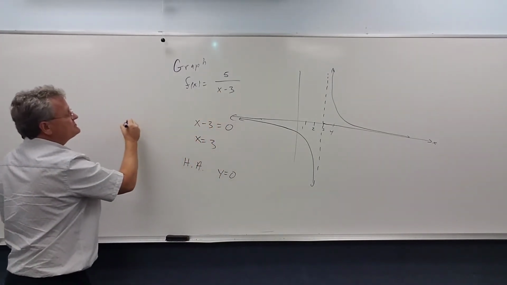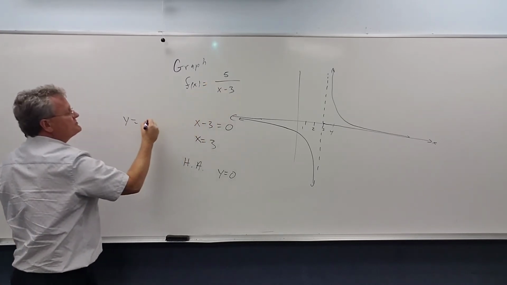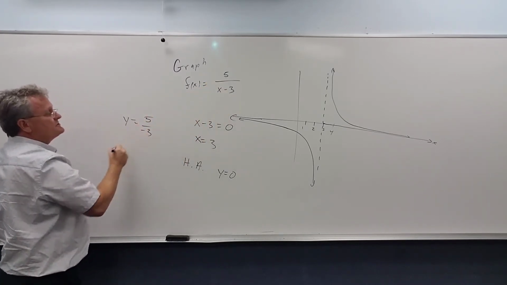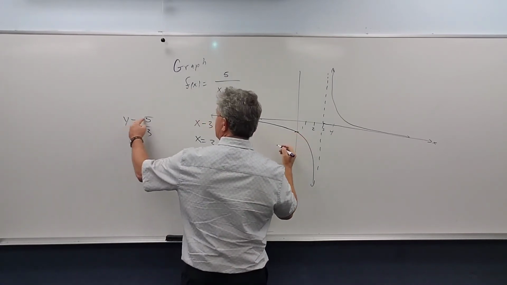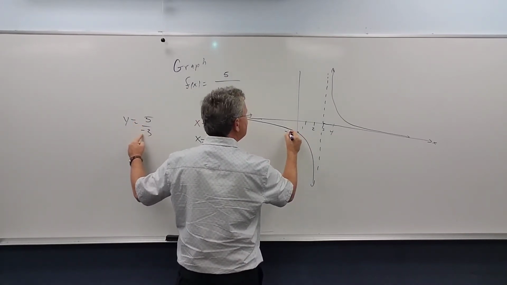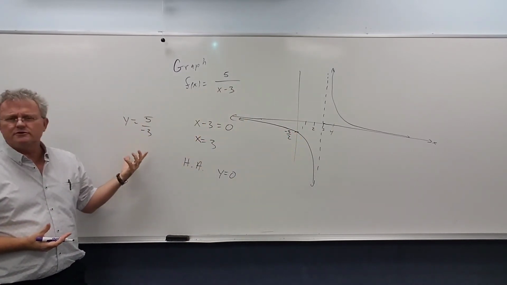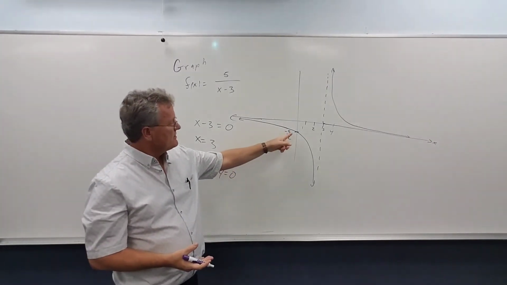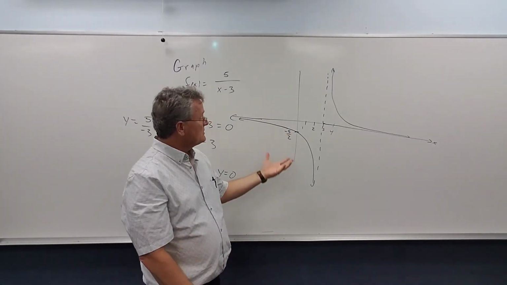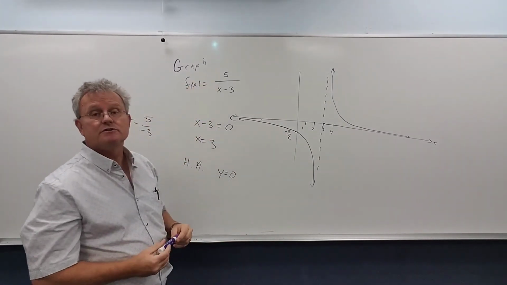And when x is 0, we get y equals 5 over 0 minus 3, which is negative 3. This is going to be negative 5 over 3, or negative 1 2/3, or negative 1.666, whatever. But that's where it's going to cross there. So this is what the graph of this function is going to look like.